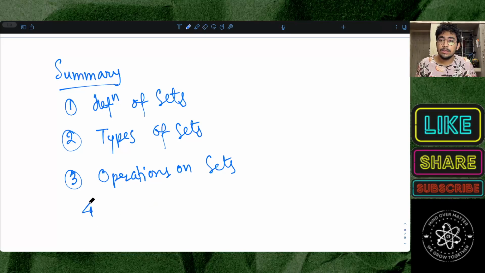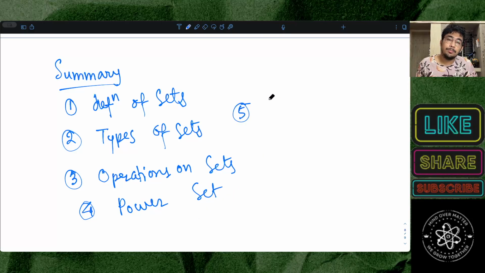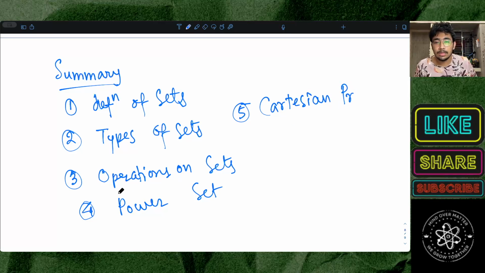And fourthly we understood what a power set is. And fifth, the important part was the Cartesian product of two sets. It's also an operation, but as it is a little complex, I did not include it in portion 3. So we also learned about Cartesian product.